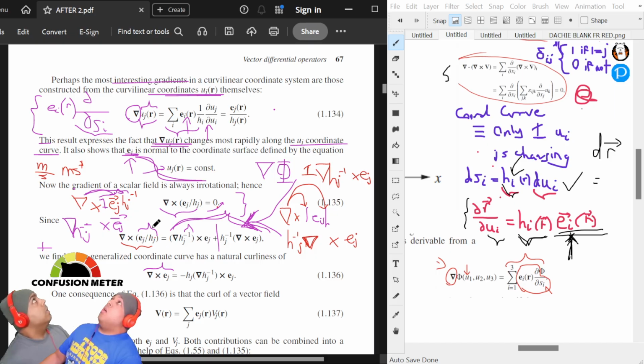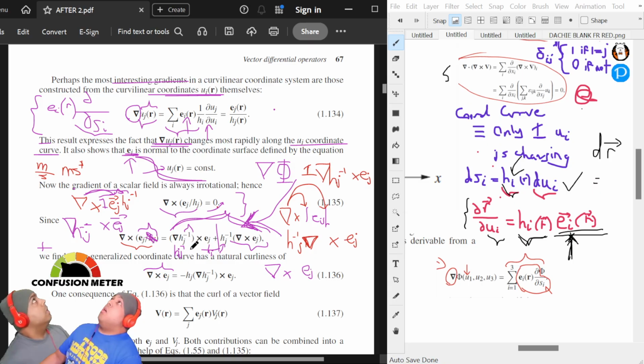Okay, I see, I guess. We want to get the HJ out of here. So we're just multiplying both sides by HJ. So now it's over here. The HJ cancels out with this HJ here to just remain with this. And the HJ comes here now. So we have nabla cross EJ.